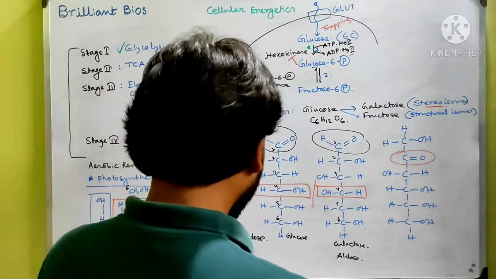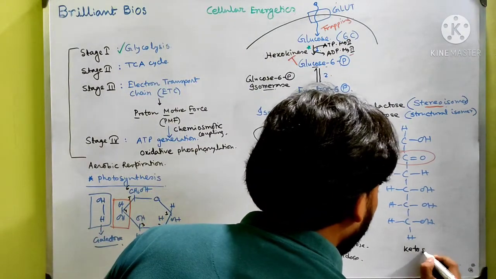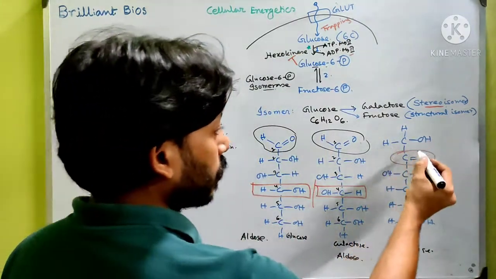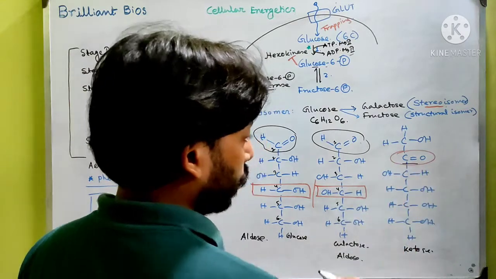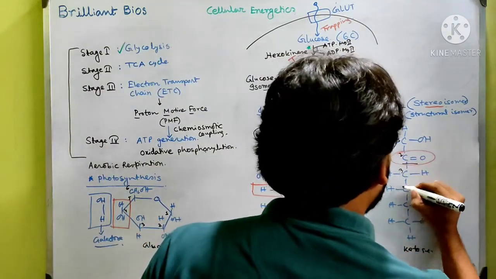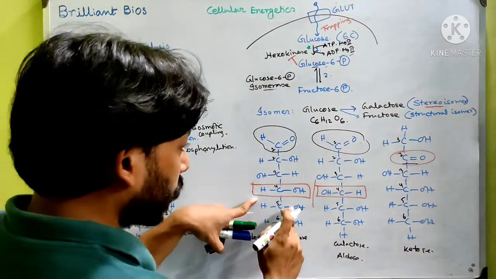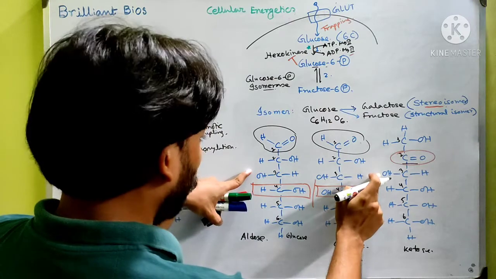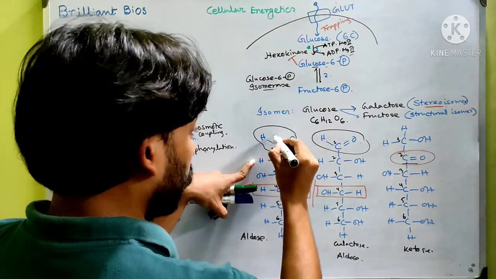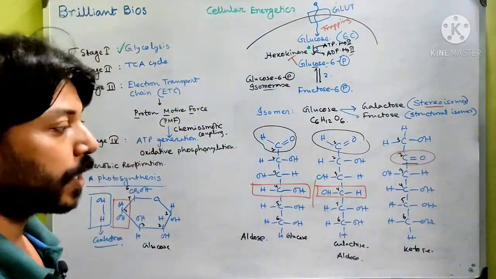So we call it a ketose. Fructose is actually a ketose. You can see here there is a ketone group. This is the first, second, third, fourth, fifth and sixth carbon. You can see all the orientation of the carbons is the same, but the difference is in the aldehyde group and the ketone group. This is called ketose.